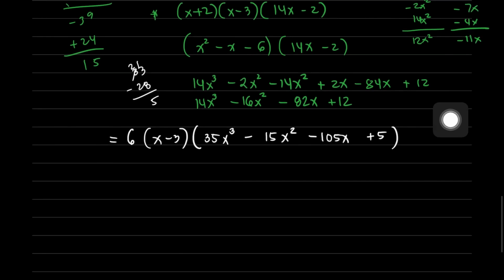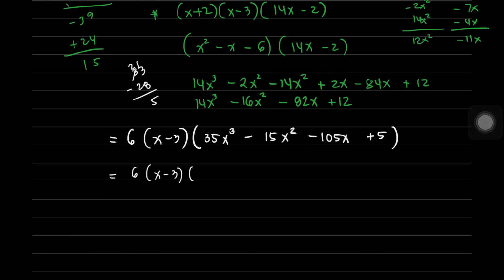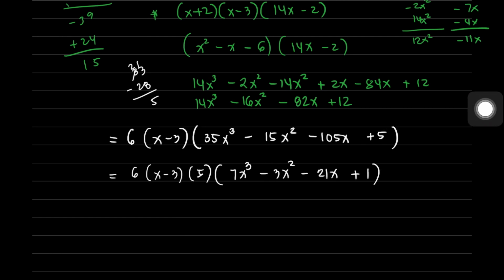And since we can still factor out this one, so this will now be equal to 6 times x minus 3 times the common monomial factor here would be equal to 5. And if we're going to bring out 5 here, we have 7x cubed minus 3x squared minus 21x plus 1.